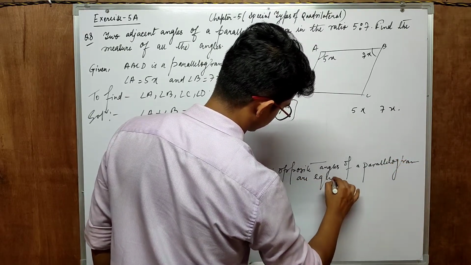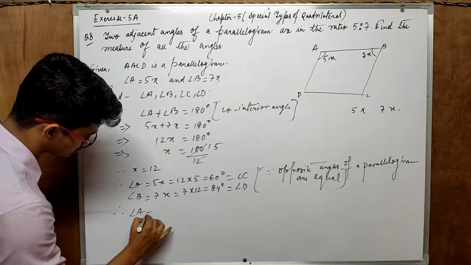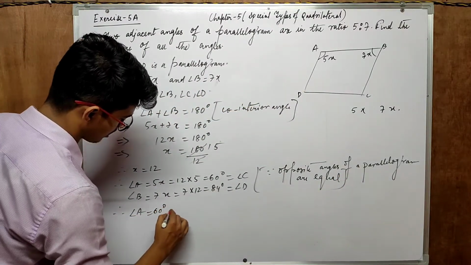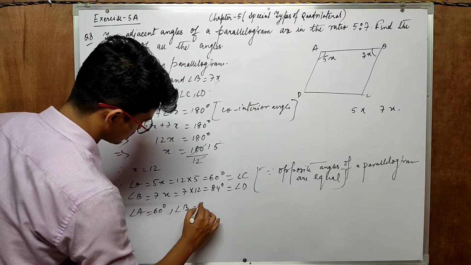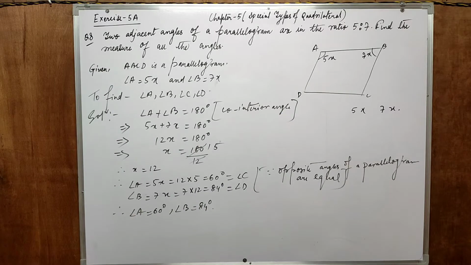So angle A equal to 60 degrees, angle B equal to 84 degrees.